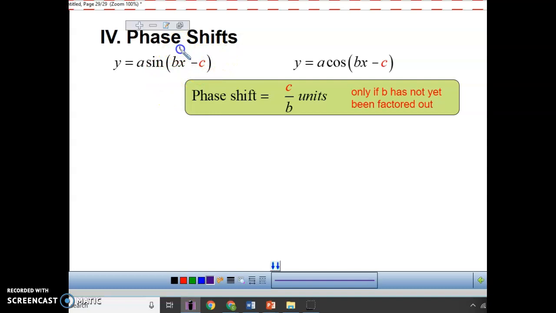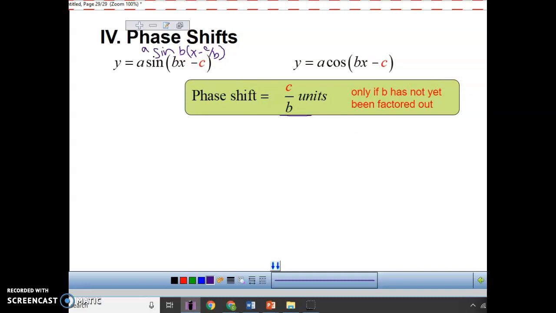If you factor your B out, this would become X minus C over B, and C would have to be divided by B in order to figure out the move left or right. And so you actually end up with the same exact value for your phase shift, which in this case is C over B. So if the B has already been distributed, you can use C over B for your phase shift. If it hasn't already been distributed, if you take the B out yourself, then you get the same exact value, your C over B.